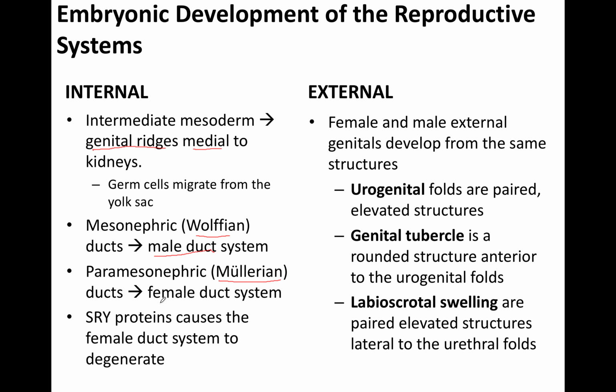So both of these two tubes actually are going to form together, and then what happens is if a Y chromosome is present, you will have a gene on that Y chromosome that creates a protein called SRY.